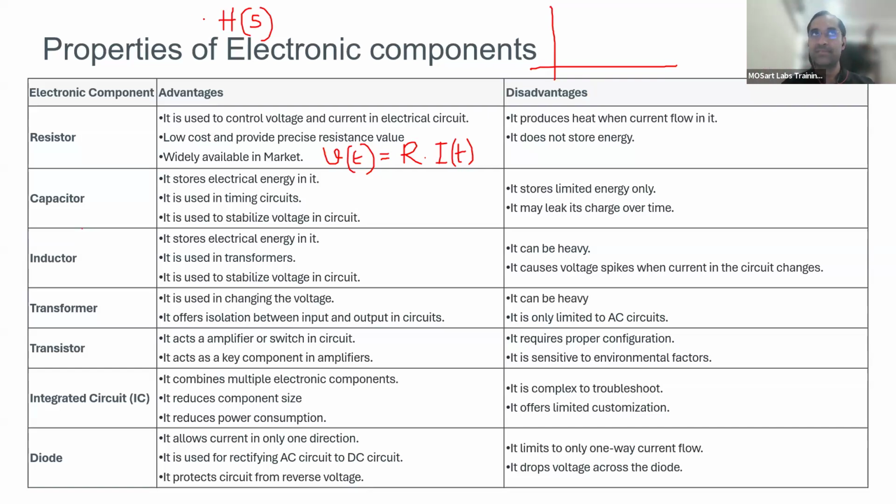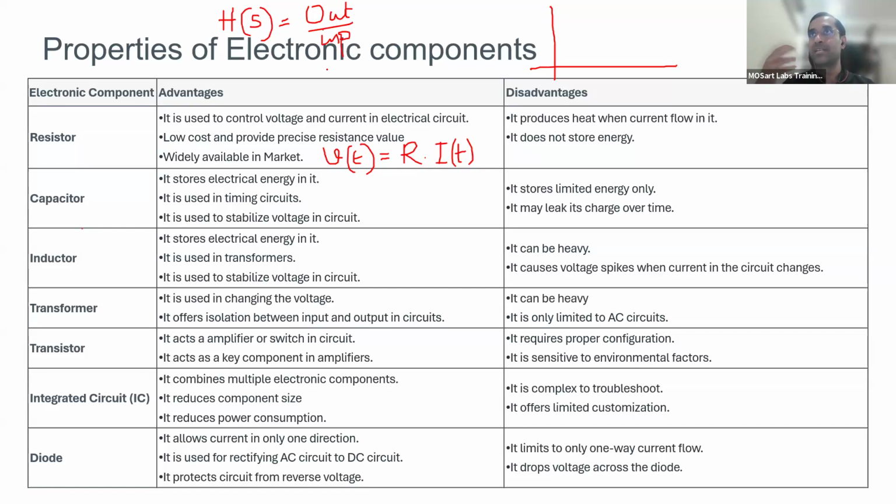That's all, very simple. A transfer function or transfer characteristic just means your output divided by your input. So it is a description of how your output changes when you change your input.